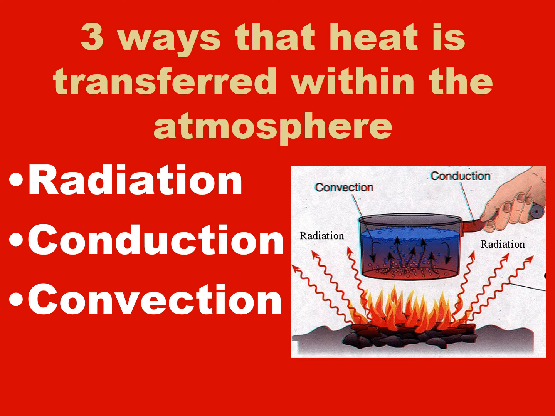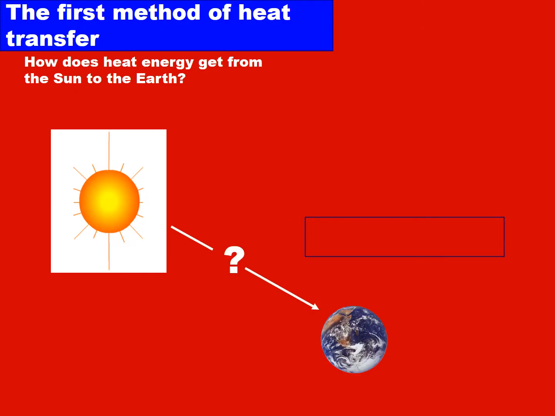Okay, there are three ways to transfer heat within the atmosphere: radiation, conduction, convection. This slide shows how heat transfers from the sun to the earth.